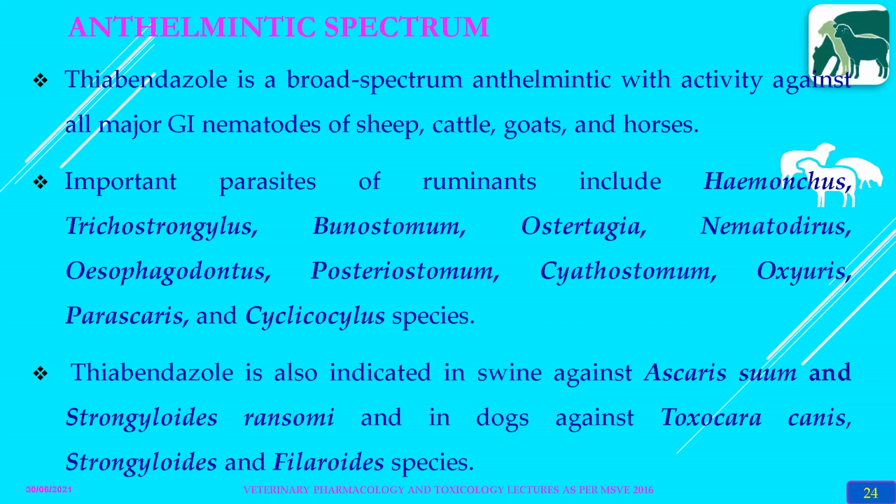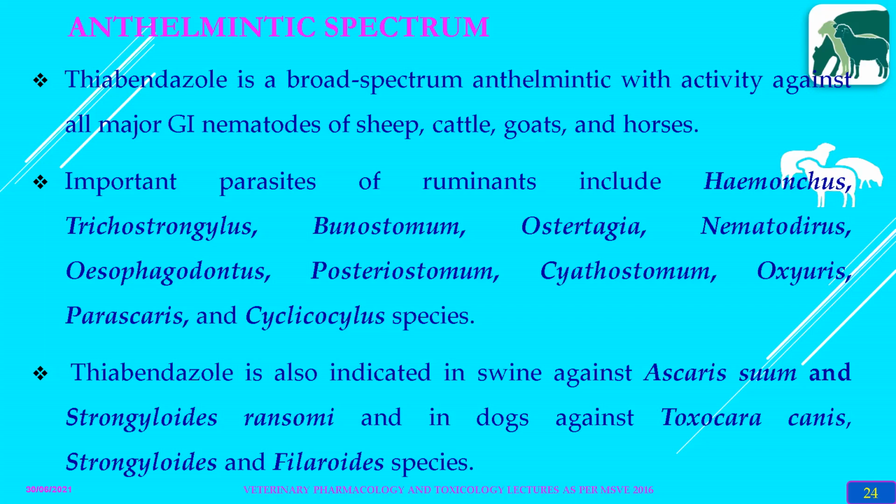And thiabendazole is also indicated in swine, against Ascaris suum, the roundworm of the young pig, and Strongyloides ransomi, and in dogs against Toxocara canis. Of course, these strongylids and filarioid species.